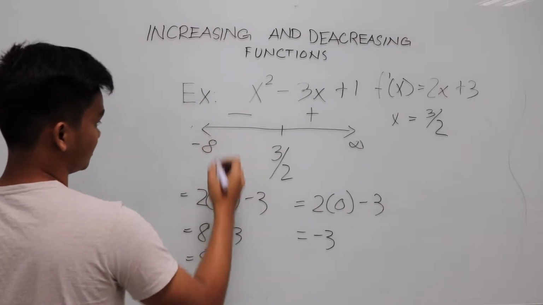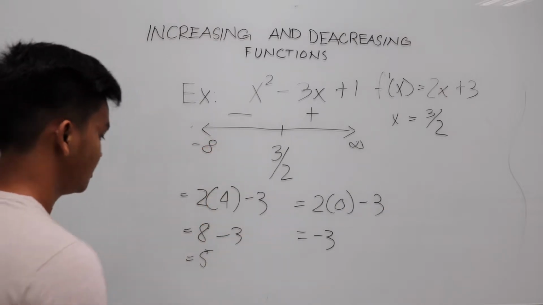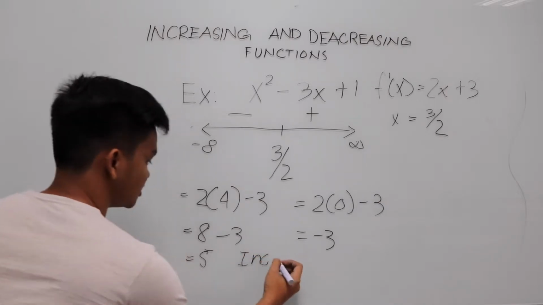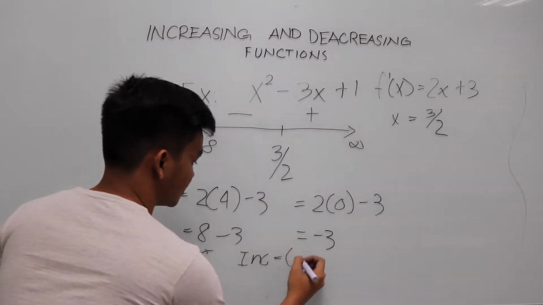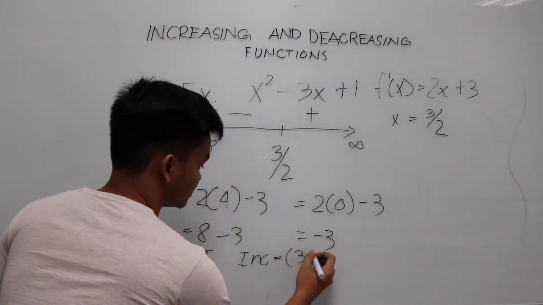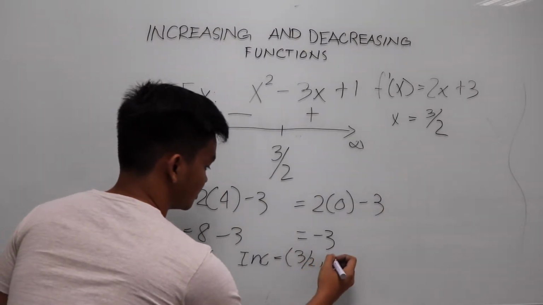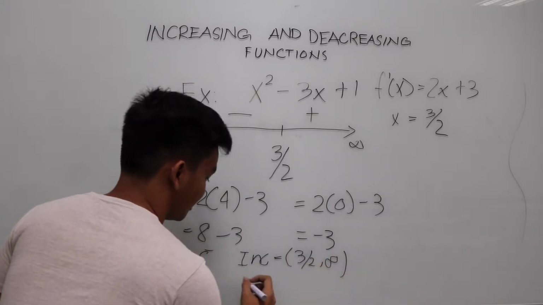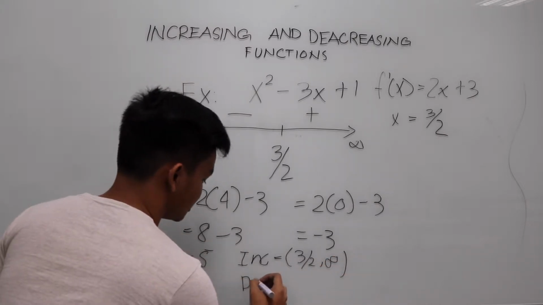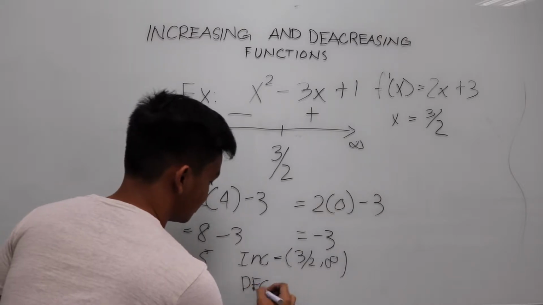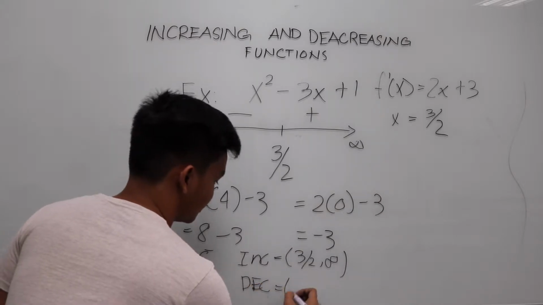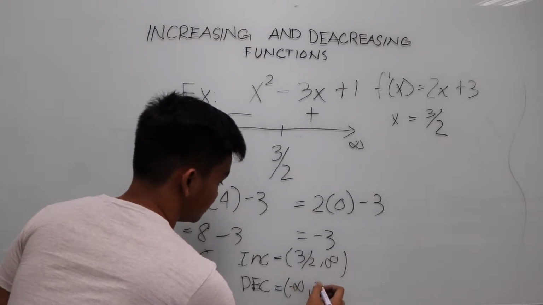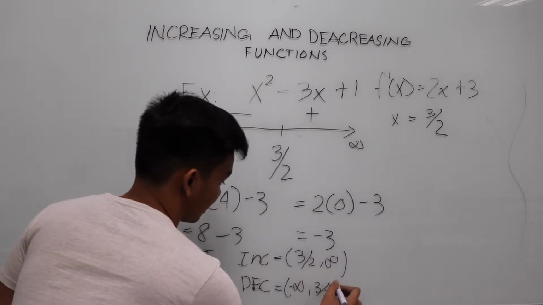Now we can say that the function is increasing from 3/2 to positive infinity, and the function is decreasing from negative infinity to 3/2.